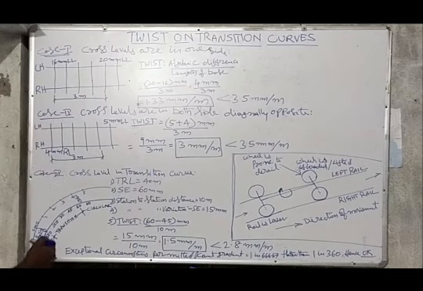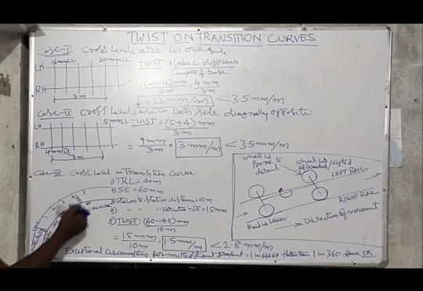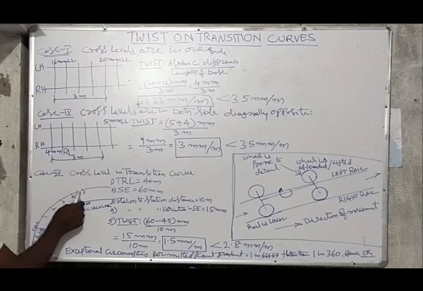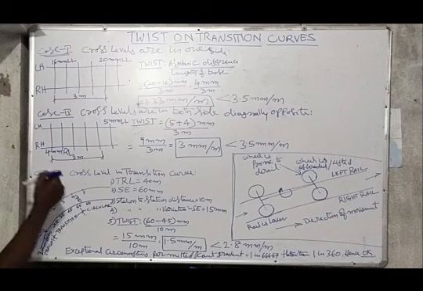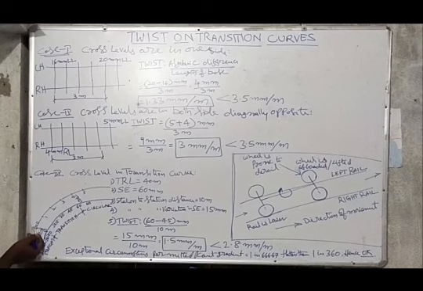This is the outer rail of the curve. This is the inner rail of the curve. Stations should be marked on the web of the outer rail, whereas versine and superelevation should be marked on the web of the inner rail. Here it is station number 0, TPTC 1.